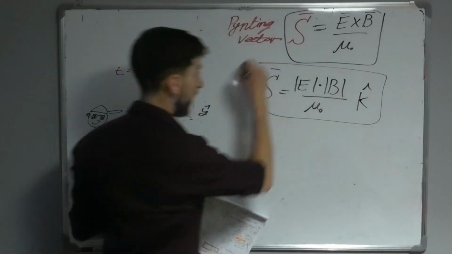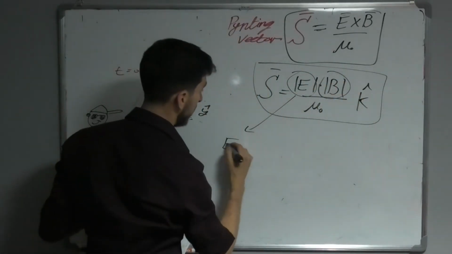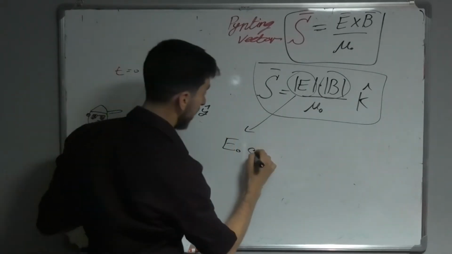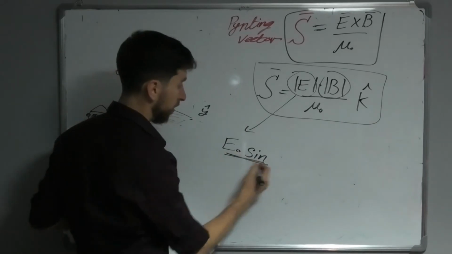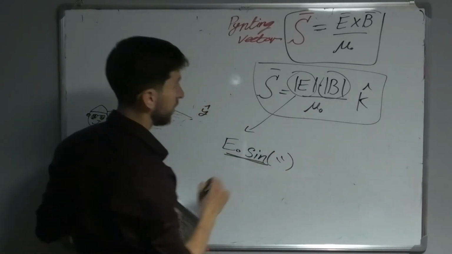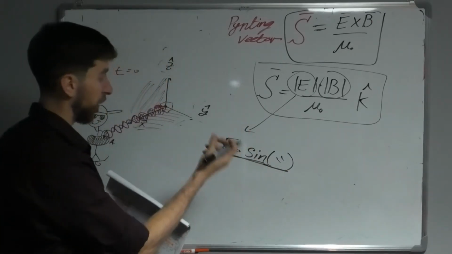So let's put this in. Here I have E0, and I also have this sine inside of it, to change the magnitude. Let's do here these two lines, which means the magnitude of the wave is changing.